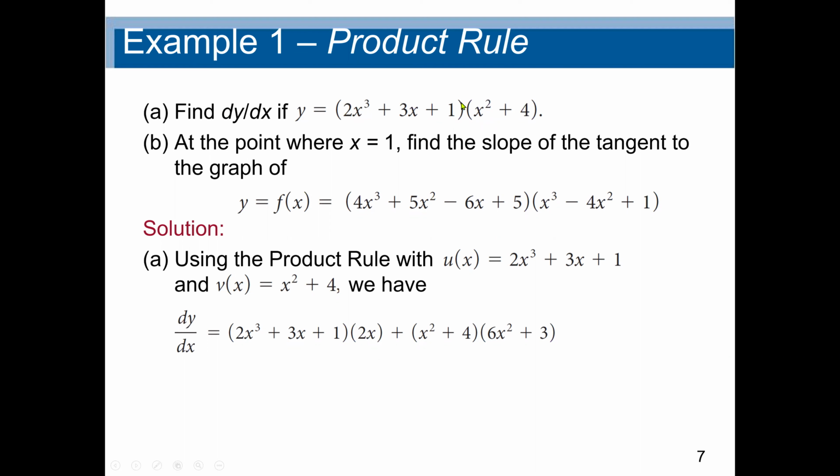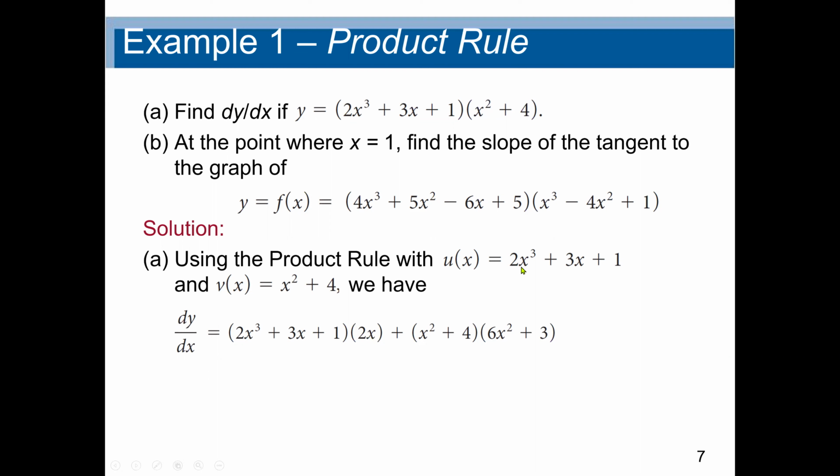So you can see that instead of having 3 terms times 2 terms to make it longer, we're going to end up having 2 terms times 1 term. So I'll always say use the derivative formula first.